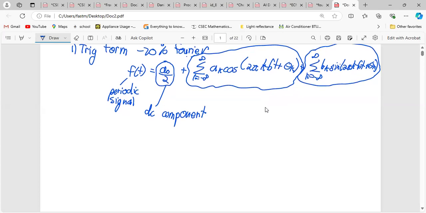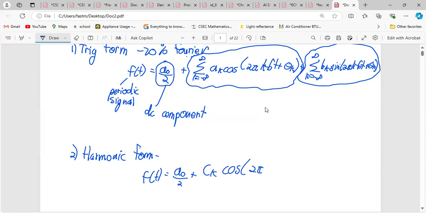The second form is the spectrum form, or the harmonic form. This is the form you will use when you're actually doing the spectrum. So same thing as before, f of t, a naught on 2 plus c k cos of 2 pi k f naught t plus theta k.